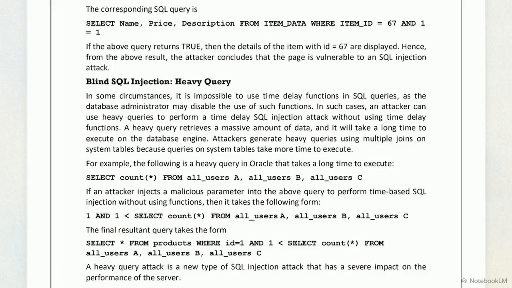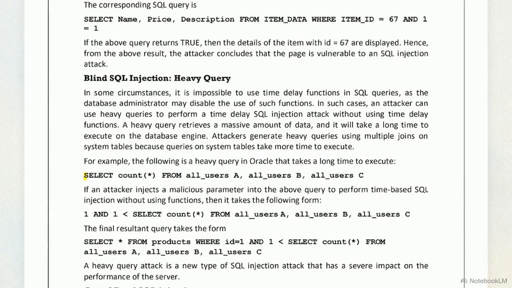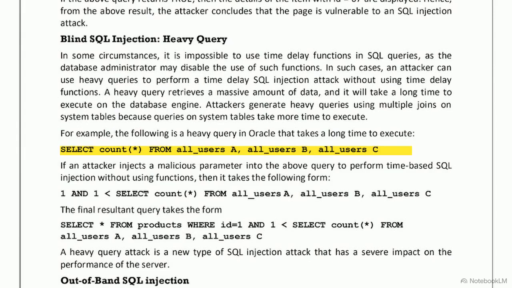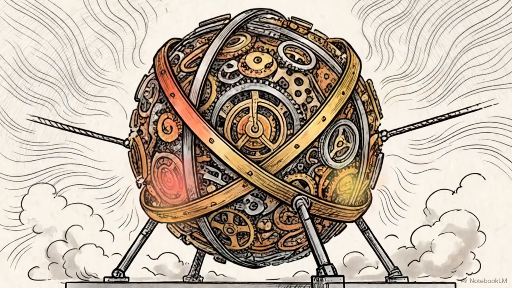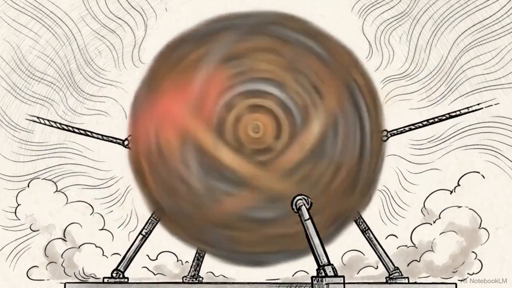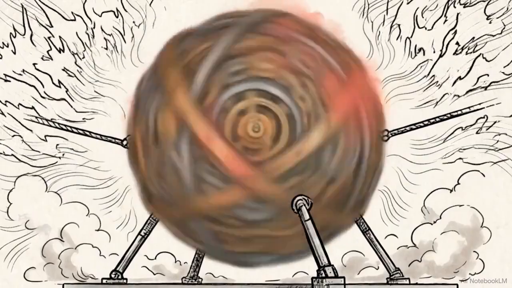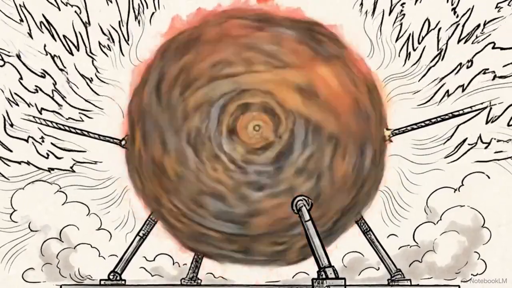If standard time delay functions are disabled by administrators, attackers deploy a heavy query. This specific Oracle syntax commands the database to select and cross-join system tables multiple times. Evaluating massive, complex multiple cross-joins requires significant computational power, an action which intentionally spikes the server's processing time.